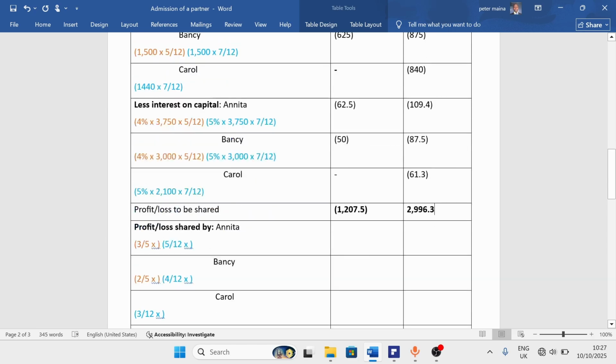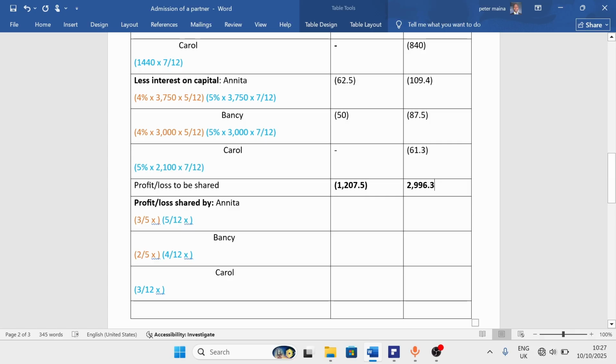So from there, we want to record the profit shared by each of these partners. In the first 5 months, Carol will not have any share because she was not a partner during that time. But in the second part of the year, she's going to have a share because she was a partner during that time.